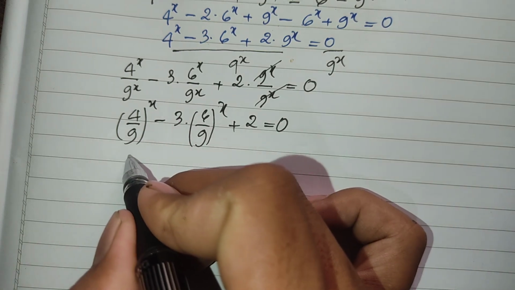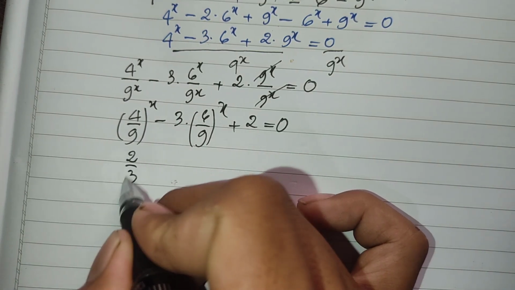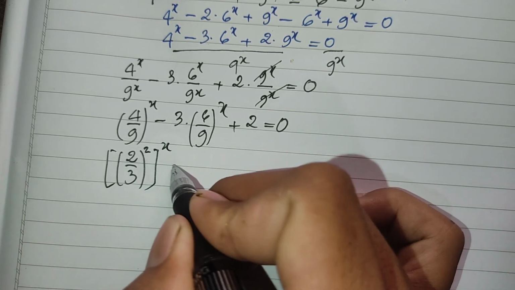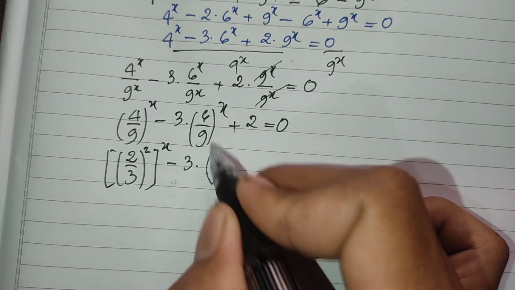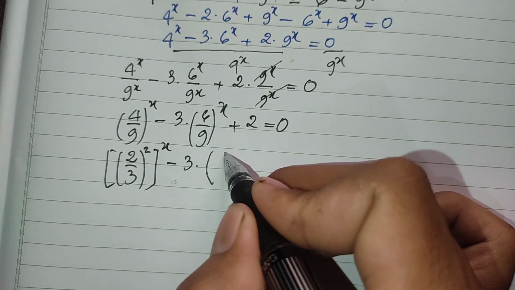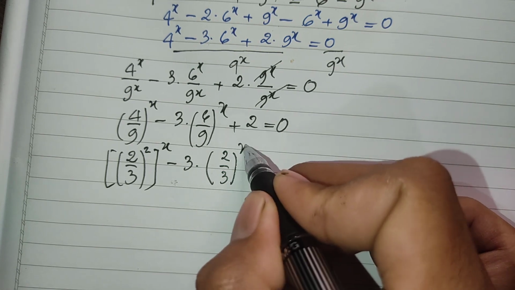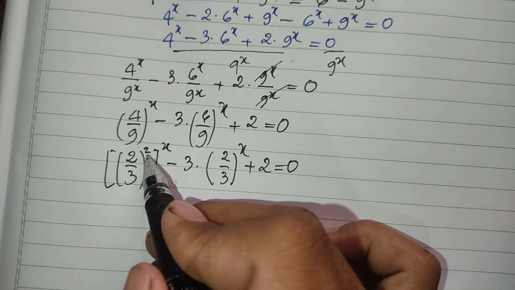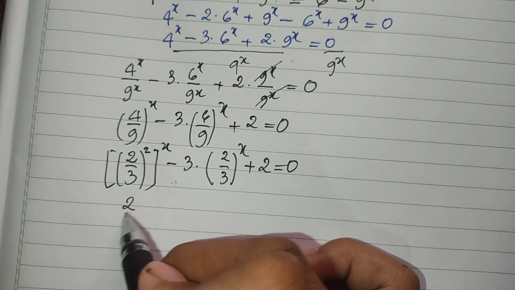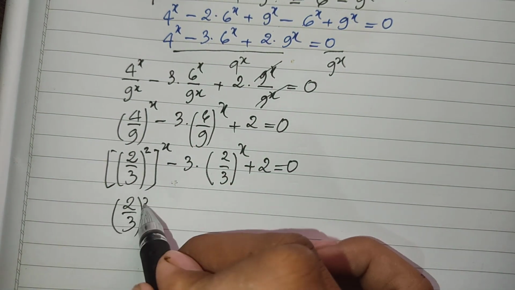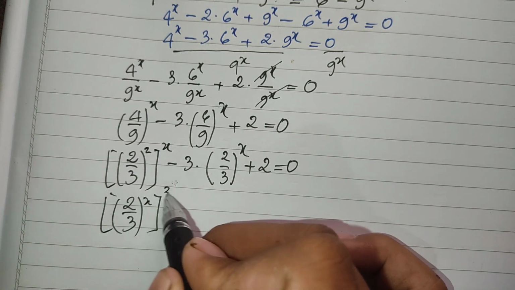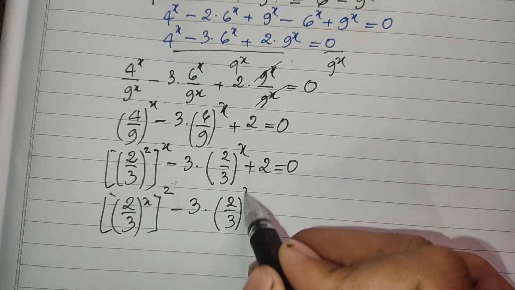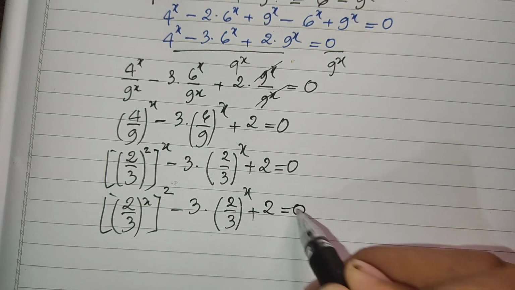So it equals (2/3)^2 all to the power x, minus 3 multiplied by, simplifying with 3, (2/3)^x, plus 2 equals 0. And so we can write ((2/3)^x) all squared minus 3 multiplied by (2/3)^x plus 2 equals 0.